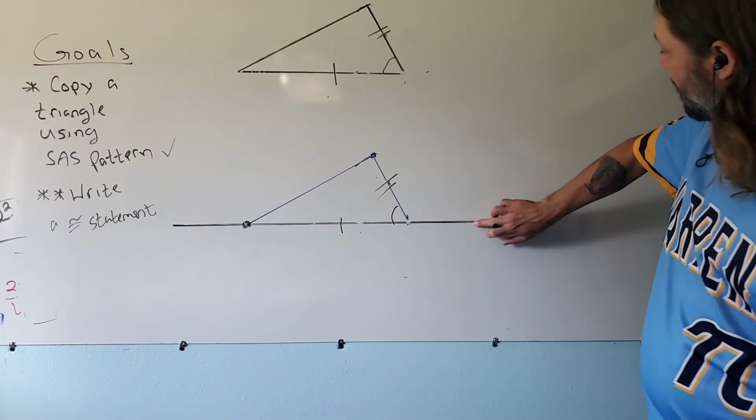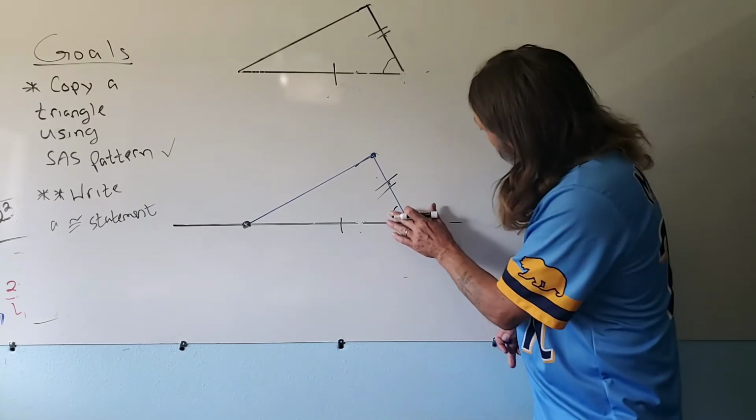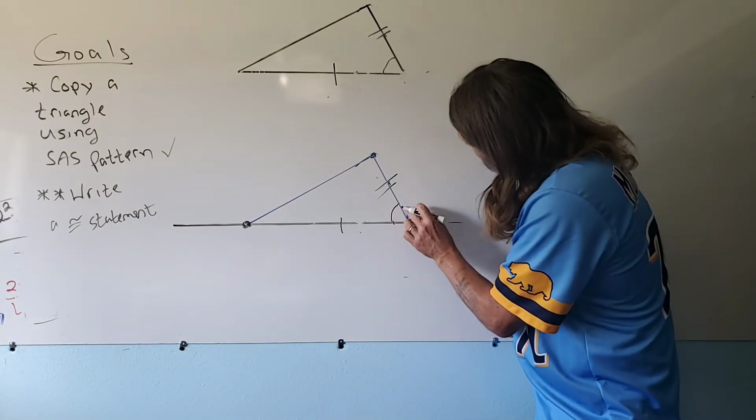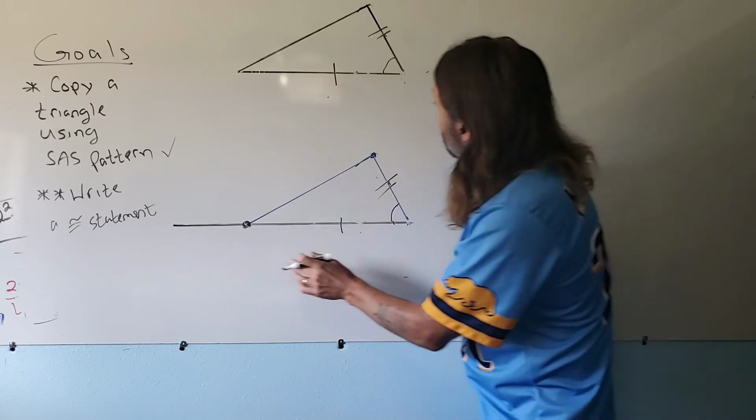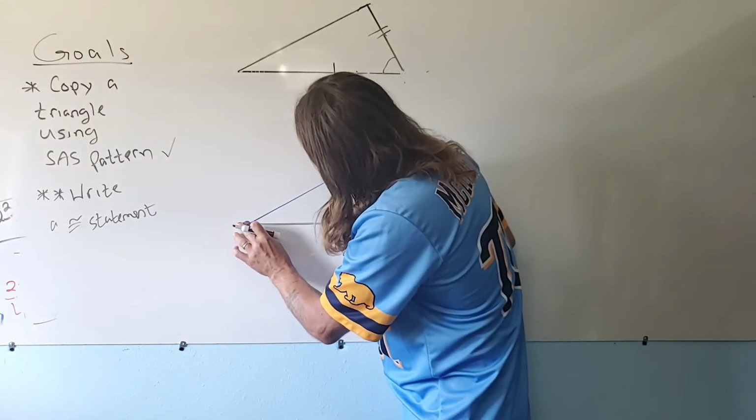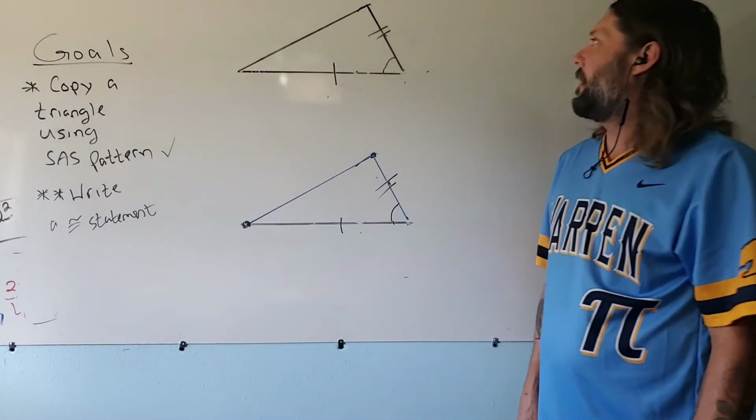Let me hit the last goal here. My last goal is to write a congruence statement. Now, if you're going to write a congruence statement, you need to have the angles' names.